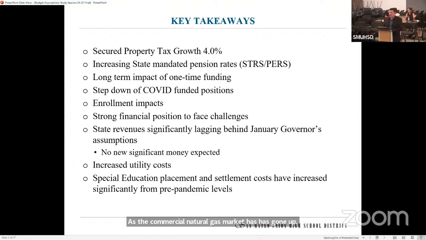And then we continue to monitor special education placement and settlement costs. The pandemic has been really tough for some of our students, and we've seen an understandable increase in that. But those are expensive placements, and we need to really look at those as we move forward.